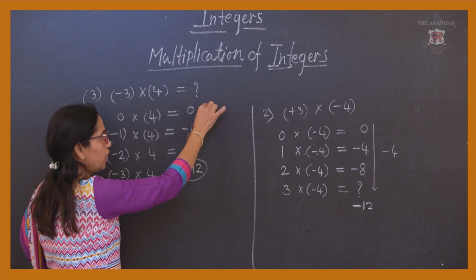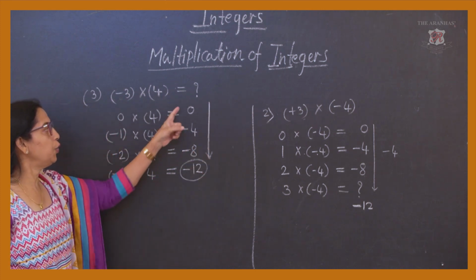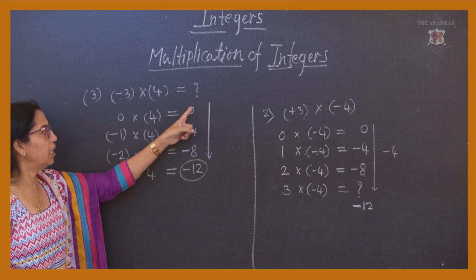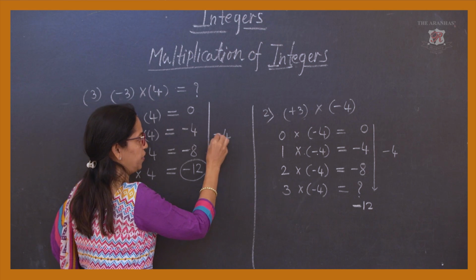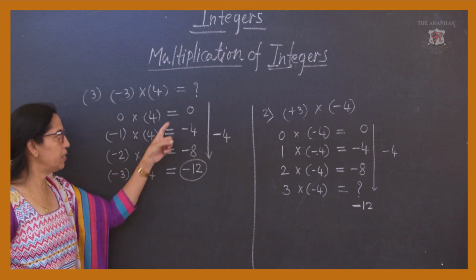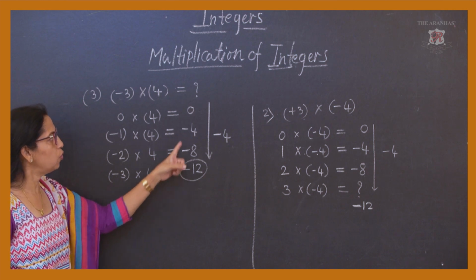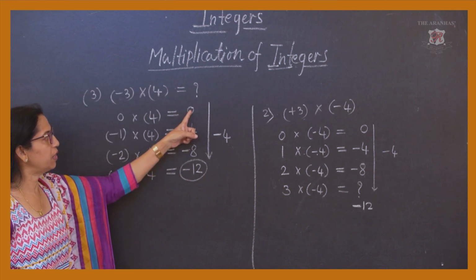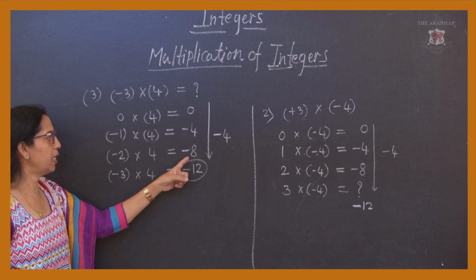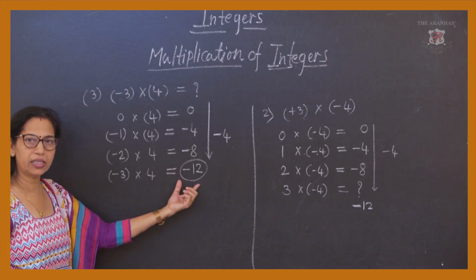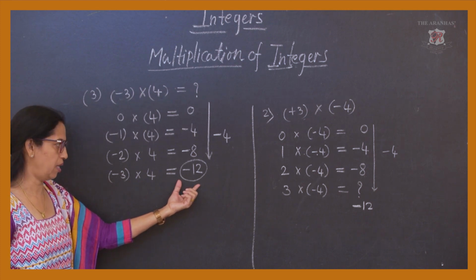By observing these answers, again you will see an increase of -4 units. It started with 0, then -4, then comes -8, and the next number of course will be -12.